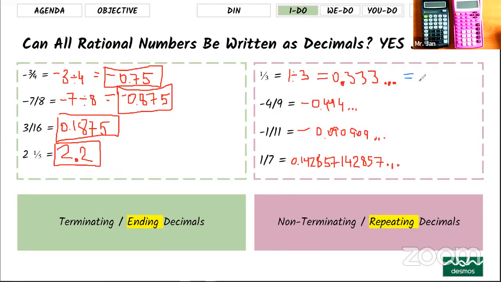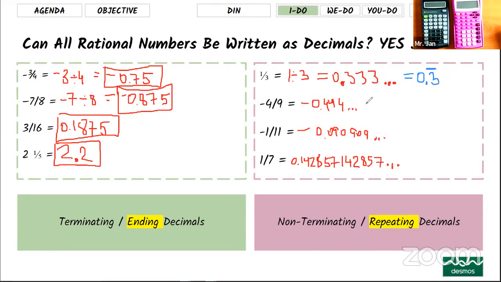The easy way to write this is just put 0 point and write that repeating number once. So 3 repeating, I'm going to write it down once, and on top of that number, I'm going to put this kind of dash. So that means I can see that this 3 is repeating forever. Whenever you see this dash, that means whatever number is under that dash repeats forever.